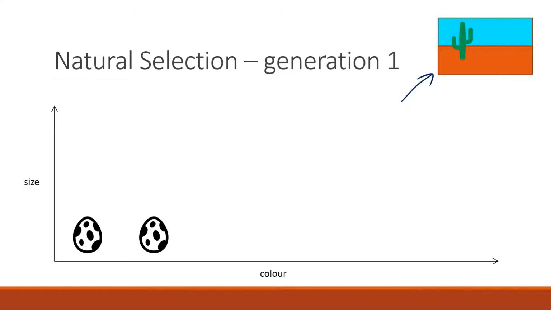So we're going to hatch two lizards here, and these two lizards are going to be part of generation number 1, the very first generation. One of them's really green and one of them's a little bit paler green. I've just decided to have a color spectrum here and a size spectrum here.